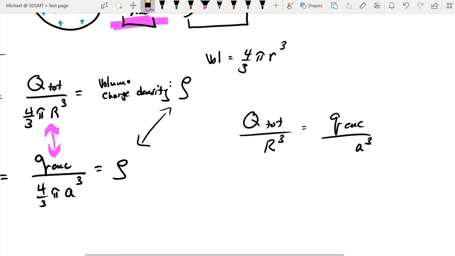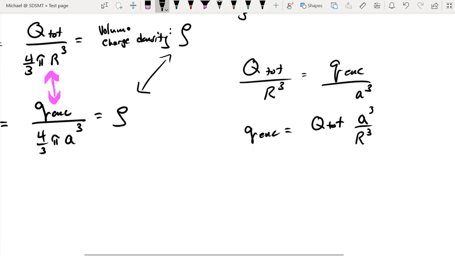and we're left with the ratio of charges to cubed radial measures, and so our enclosed charge turns out to be the total charge times the ratio of A cubed to R cubed. And if you want, you can combine those cubed terms, A over R cubed.